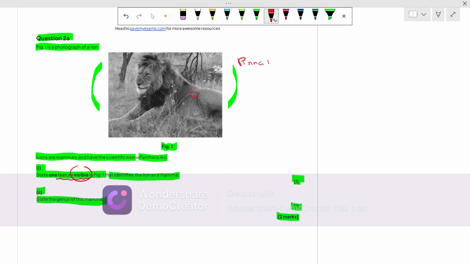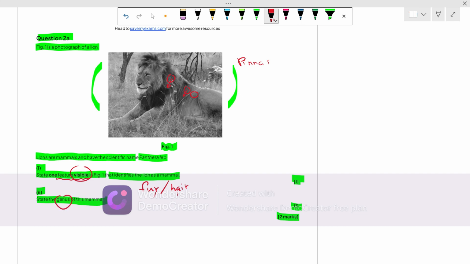So it is correct, but if it's not visible, it will be ignored. So what is visible here? In this picture, we see a lion, and we can see its mane, which is hair, or you can call it fur because the body has fur. So the correct answer to this question will be fur or hair. Any one is accepted.